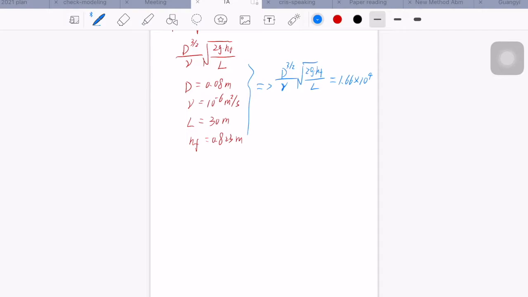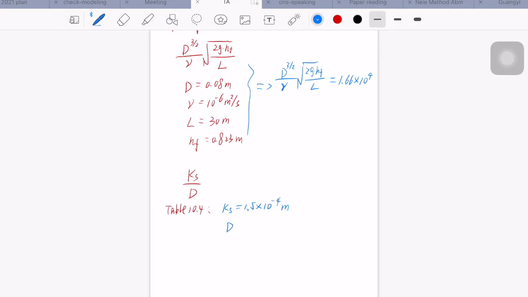And then we also need to calculate the relative roughness, the Ks over D. And from the table 10.4, we can find that the Ks is 1.5 times 10 to the power of -4 meters.